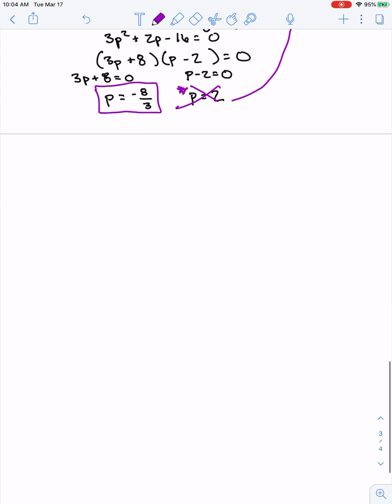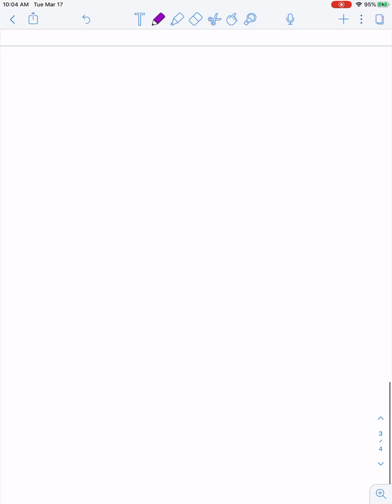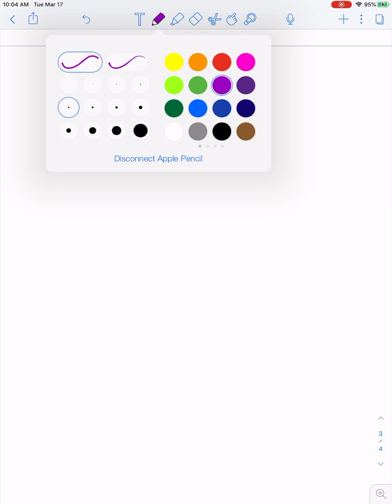Let's keep going under the same theme. So if we have 13 over 3w minus 3, minus 1 over w minus 1, is equal to w over 9.